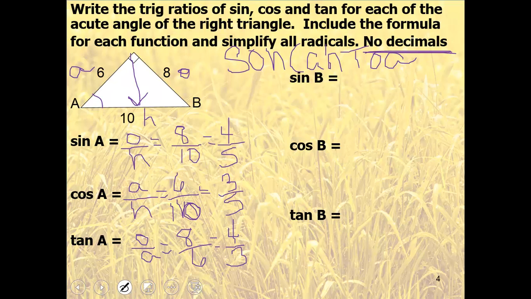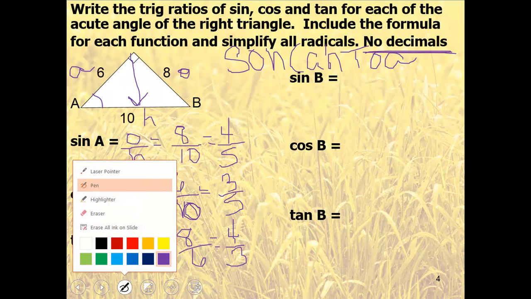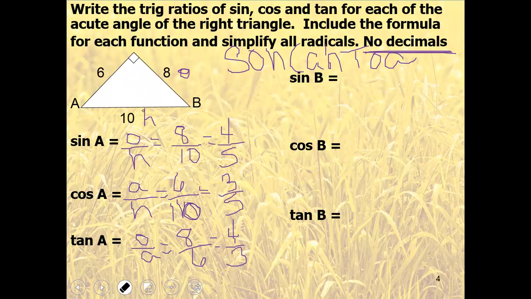It works the same way for B. I'm going to erase these. When you do these, you're going to want to use pencil, and you're going to want to give yourself some little notes. So this is my opposite, this is my adjacent, this is my hypotenuse. Sine of B is opposite over hypotenuse, which is 6 over 10, which when I reduce it is 3/5.